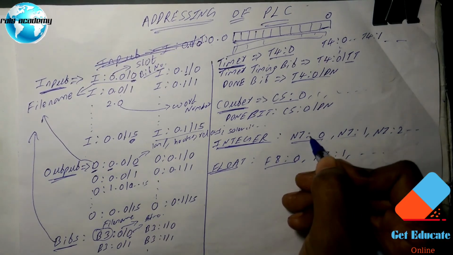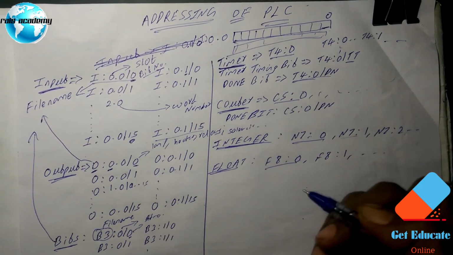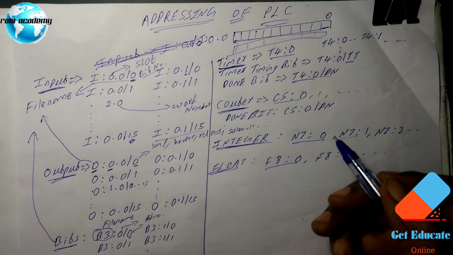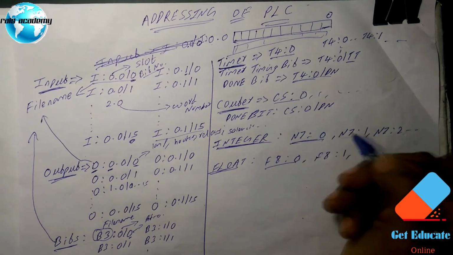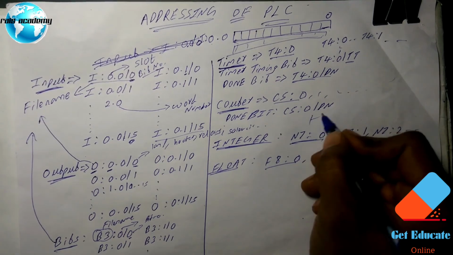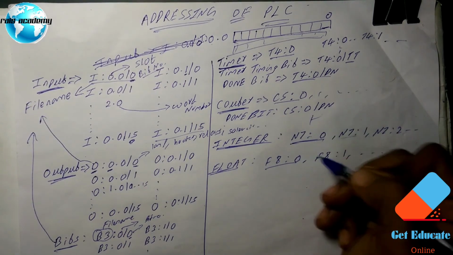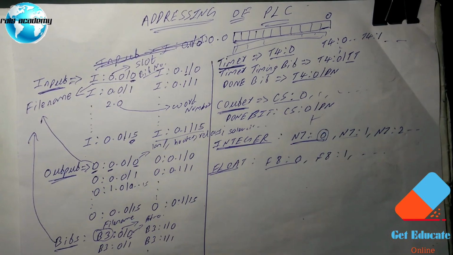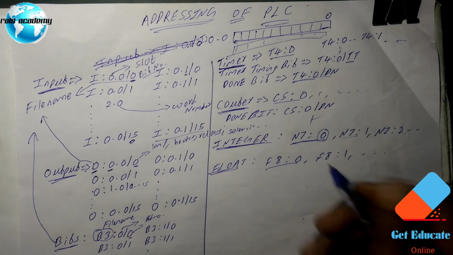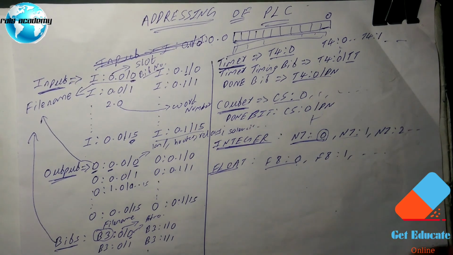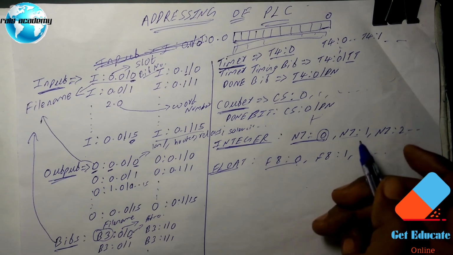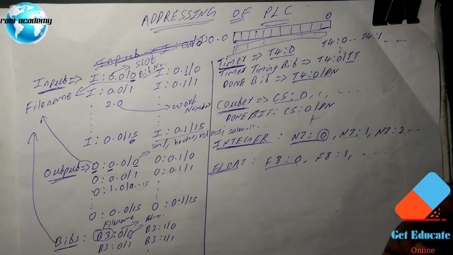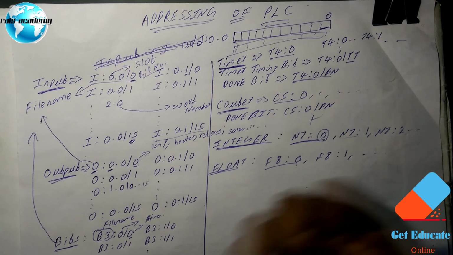If you are using N7:0 in your ladder before, then in the same program you cannot use F8:0, because this word number is already taken by the integer. So you have to use a different one. As simple as that. We have other sets of instructions too, but we can see them later while solving problems. Okay, thank you guys.